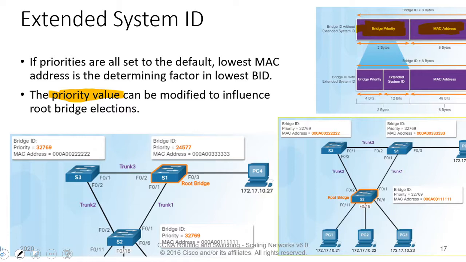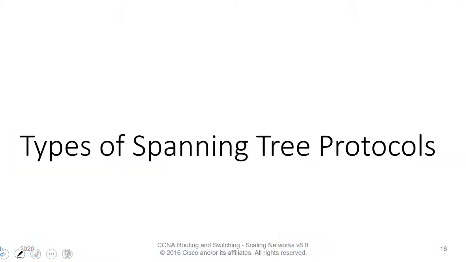For example, if we change the priority value for S2 to a lower value than S1, S2 becomes the root bridge, even though it doesn't have the lowest MAC address. S1 has the lowest MAC address, but we can change the priority differently and make a different switch the root bridge.